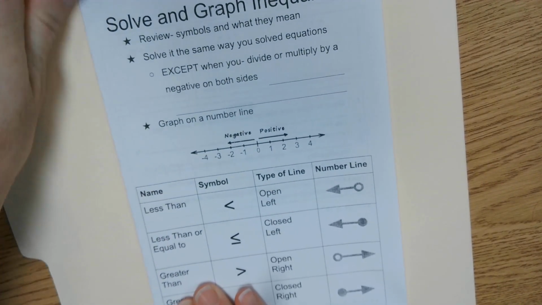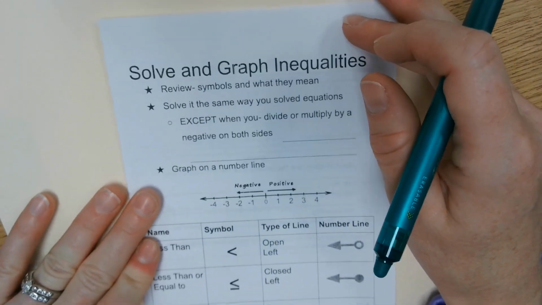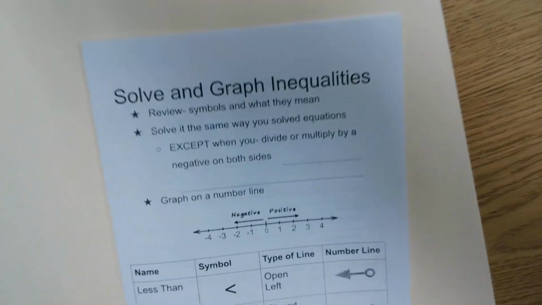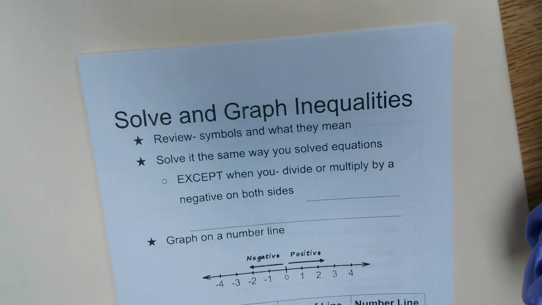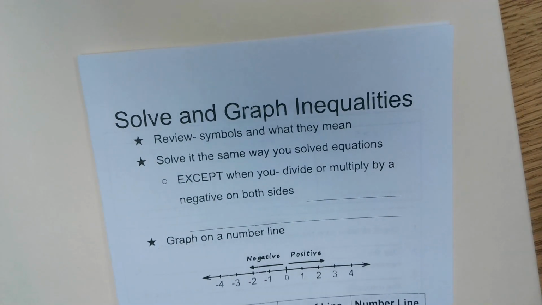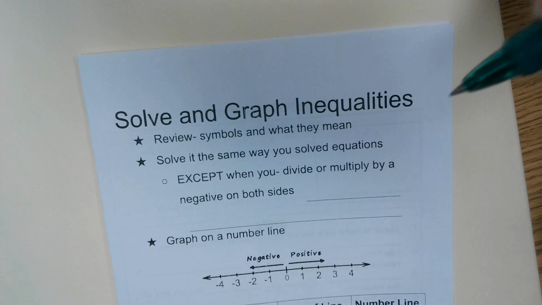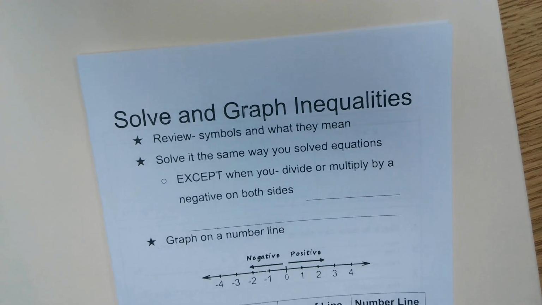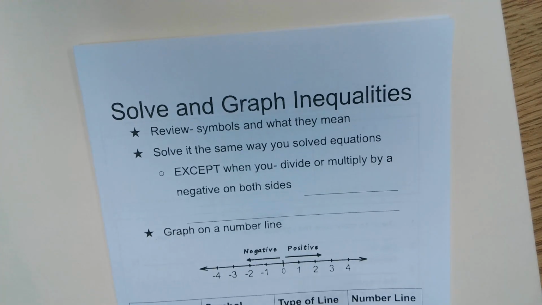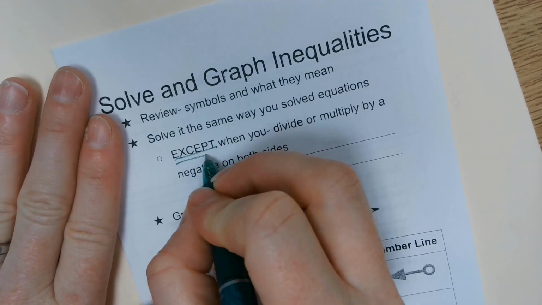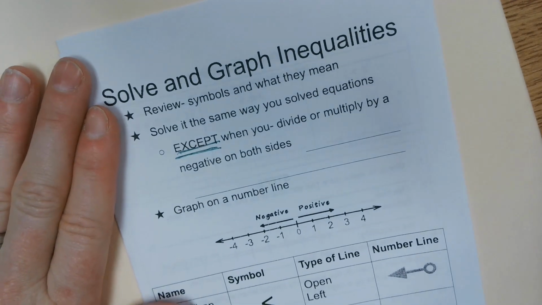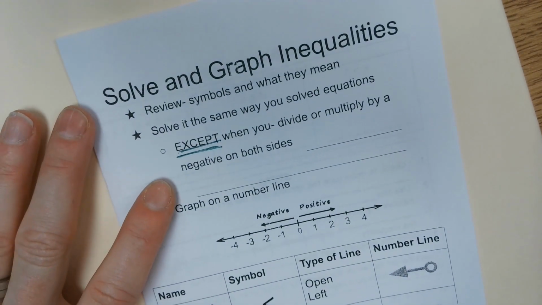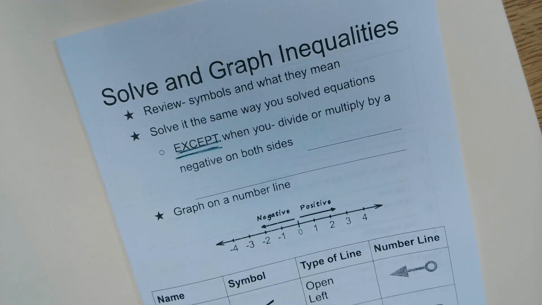We are going to solve and graph inequalities with one variable. So we need to review what the symbols mean. If you have an inequality, you are going to solve the same way that you solved equations, except when you divide or multiply by a negative on both sides, you have to switch the inequality symbol.